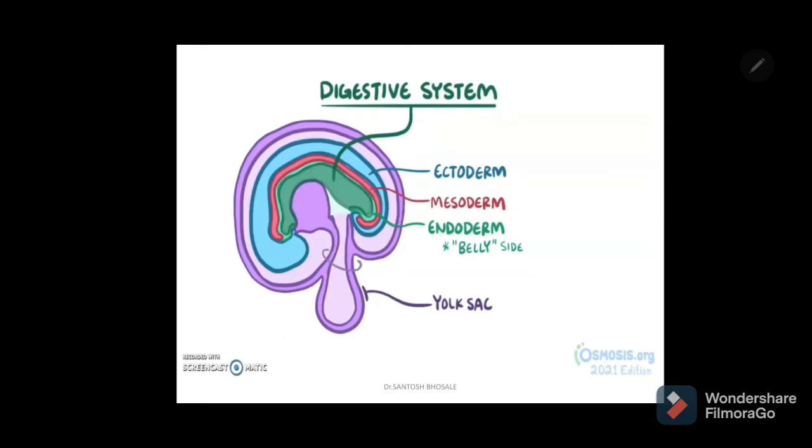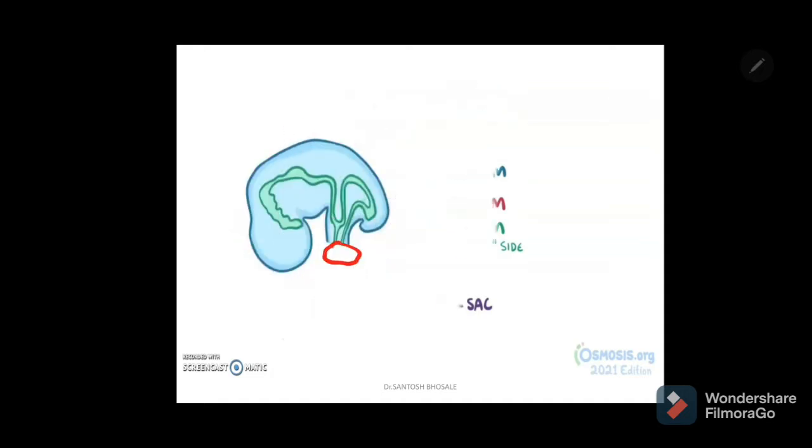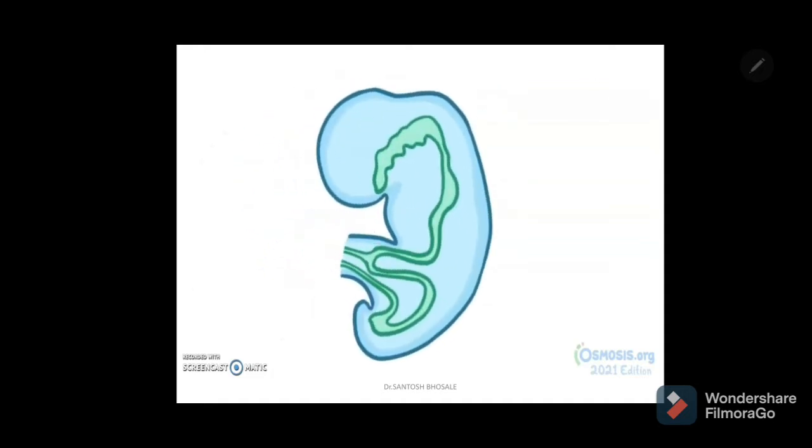That is the narrow yolk stalk, and this is how the primitive gut tube is formed. Above, it opens into the primitive oral cavity by the buccopharyngeal membrane, and below into the primitive anal canal or proctodeum by the cloacal membrane.